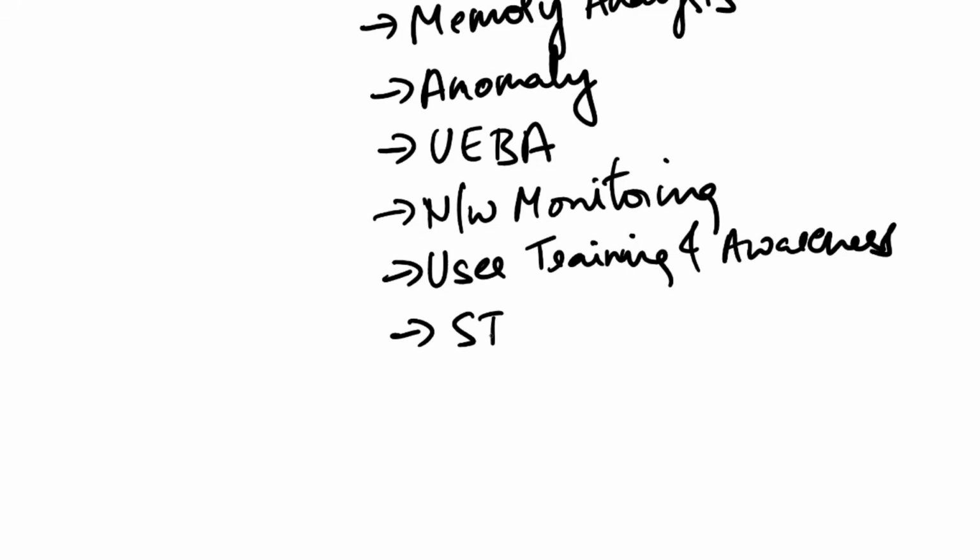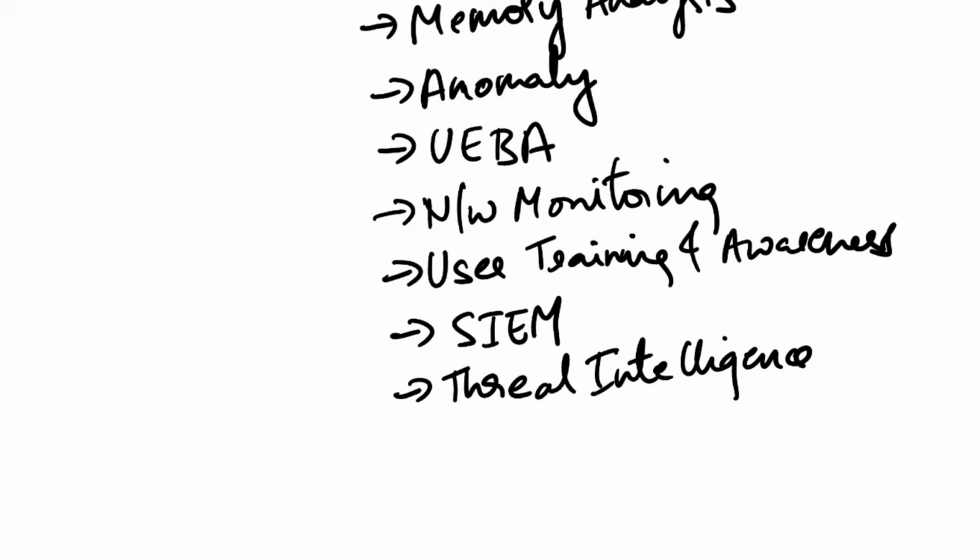Next is use a SIEM solution, that is security information and event management solution. You can use SIEM systems to correlate and analyze logs and events from various sources for signs of suspicious activity, especially in memory and processes. Next is leveraging a threat intelligence feed. These feeds can help you stay updated on known fileless malware threats and indicators of compromise, that is IOCs.